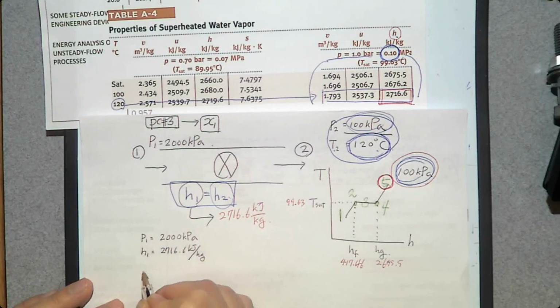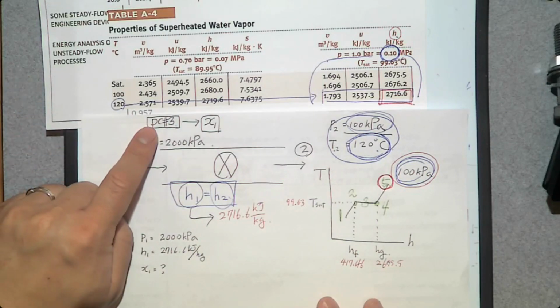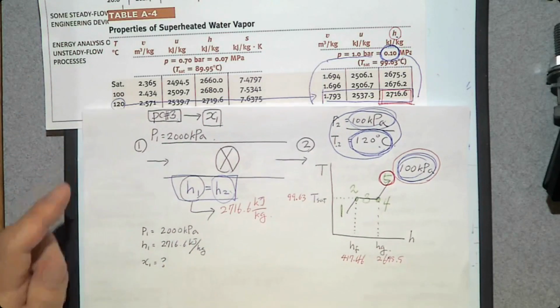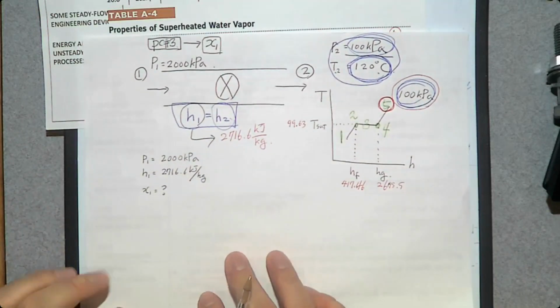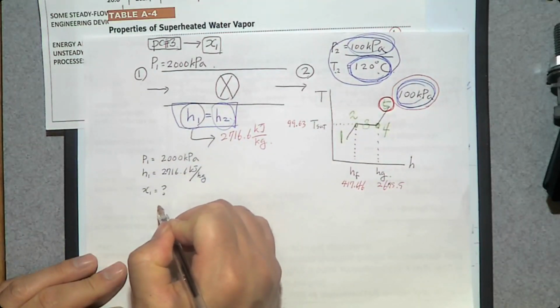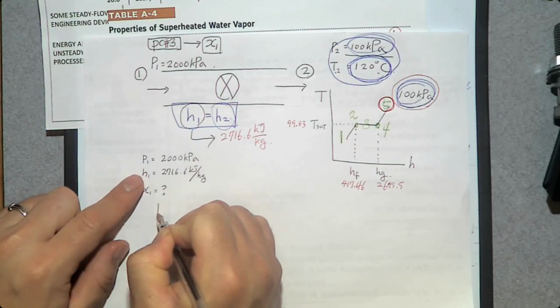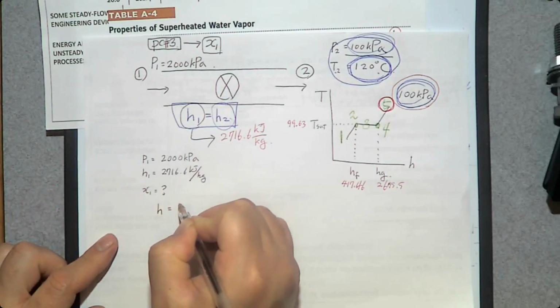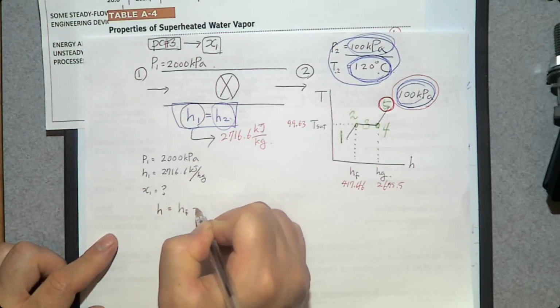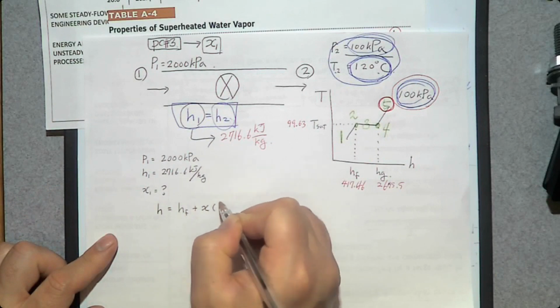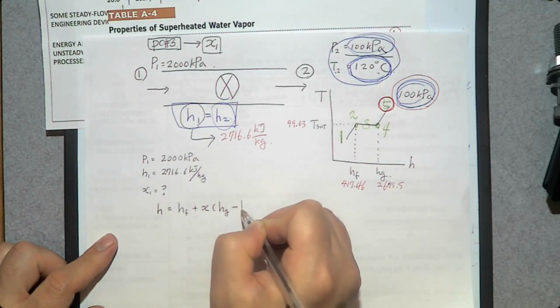Now, can you determine quality X? Yes, we can. By the way, we know this is a saturated mixture. If you have a saturated mixture, we can use linear interpolation. For h, it's going to be h equals hf plus quality x times hg minus hf.